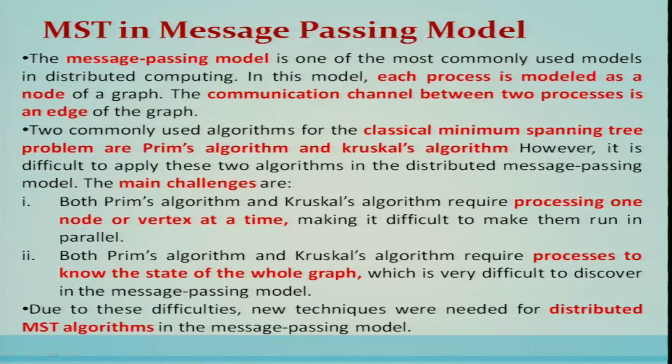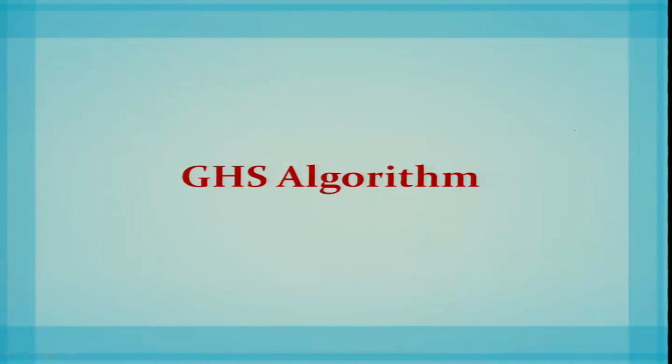Both also require processes to know the state of the whole graph, which is very difficult to discover in the message passing model. Due to these difficulties, new techniques were needed for designing distributed algorithms for minimum spanning tree in this setting, that is, in the message passing model.